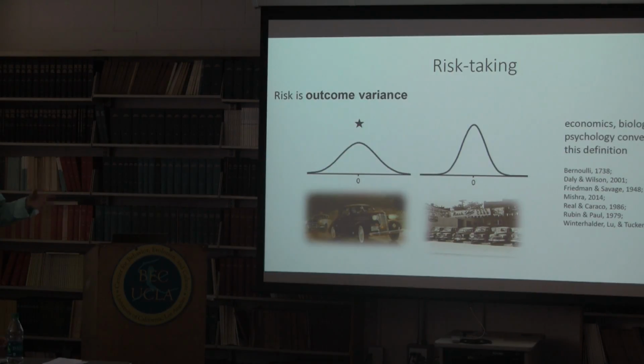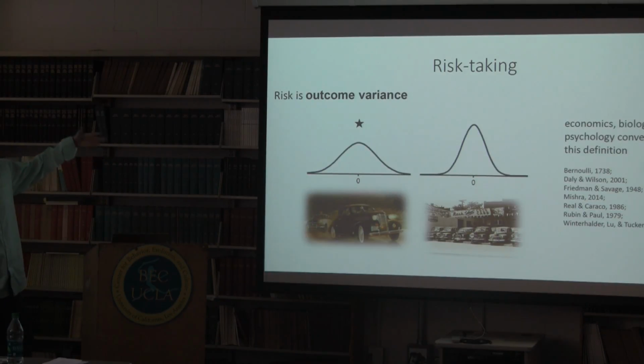You can think about that in some kind of asocial context, maybe foraging. A plant-based foraging strategy has a low caloric variance associated with it, and a large game foraging strategy has high variance associated with it.